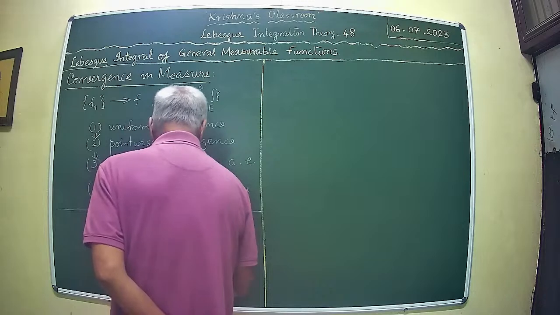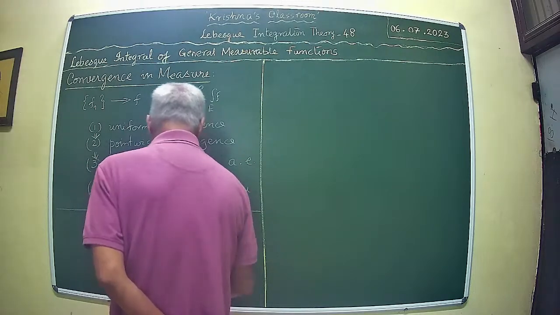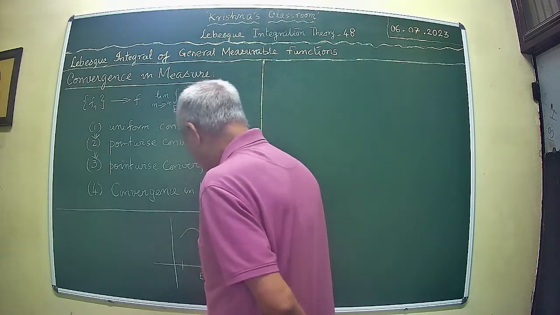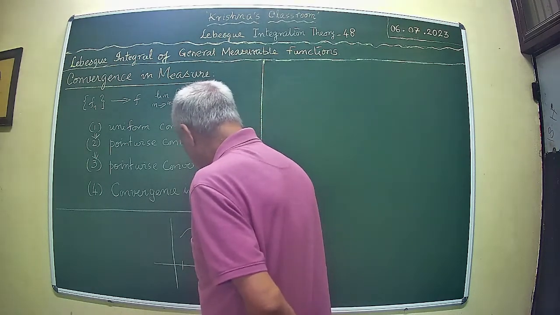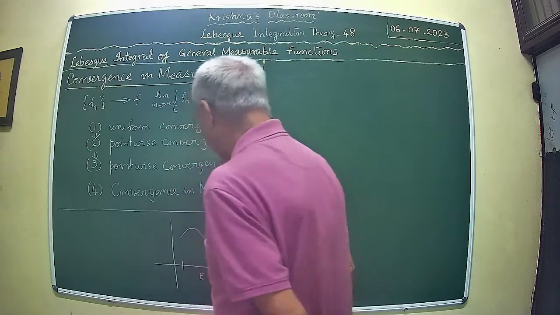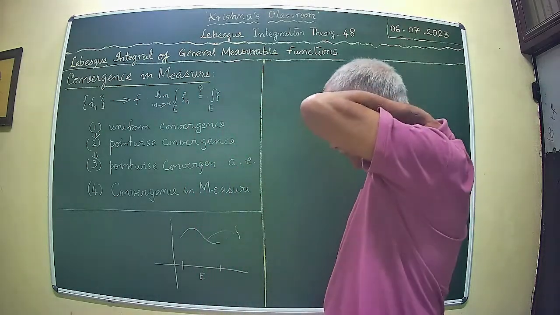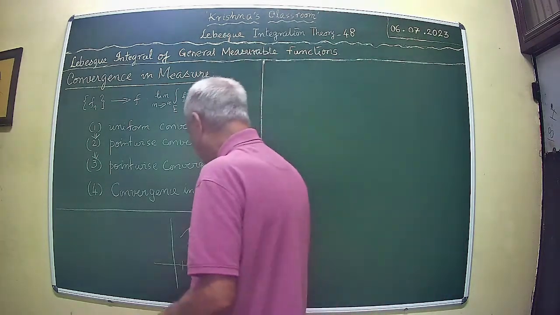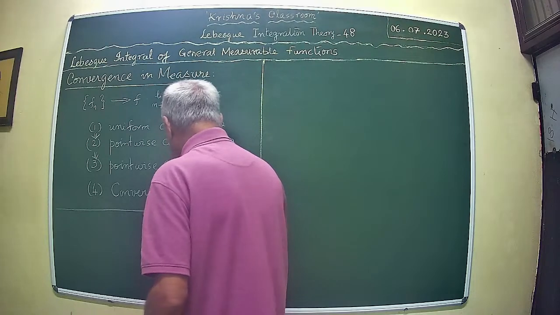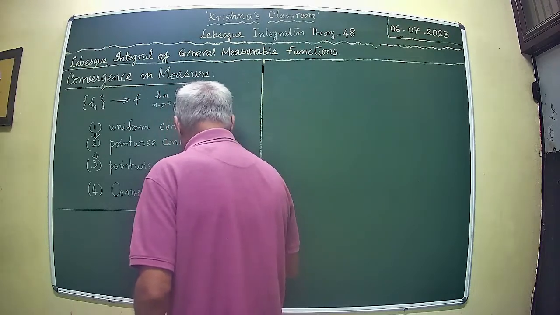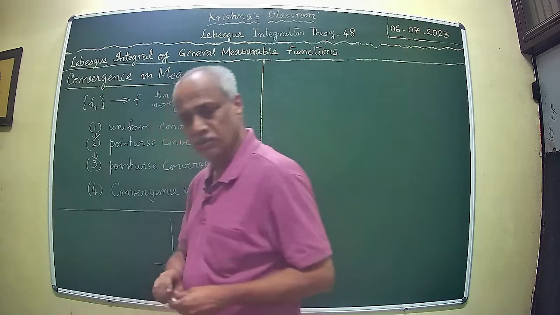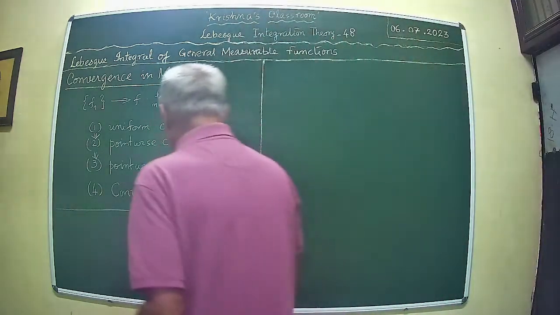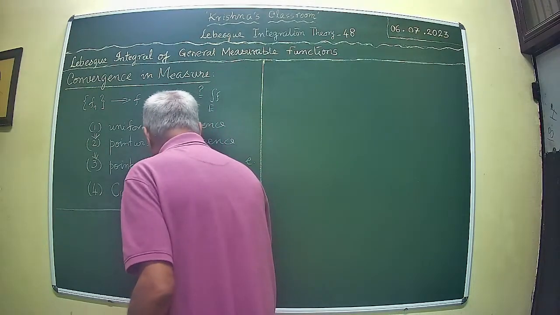Suppose this is the set E, and you have f. I have drawn the graph of a continuous function, and now I have a sequence of functions fn, which probably have some form like this. Let me use another color to mark this.